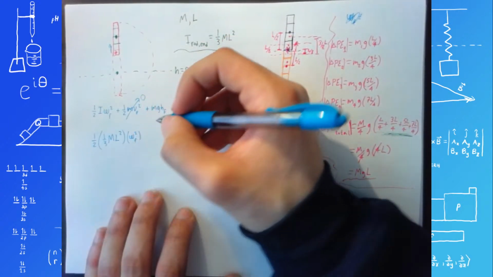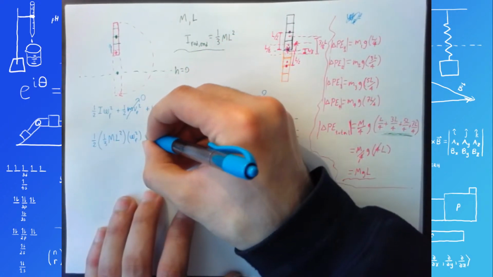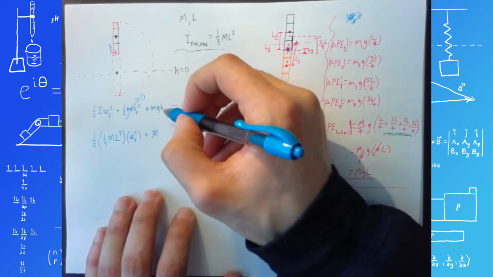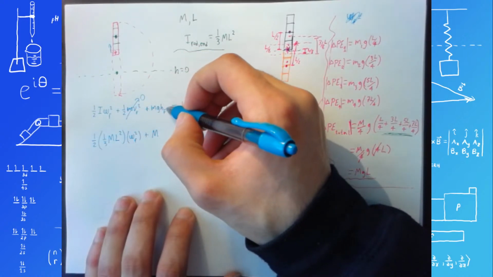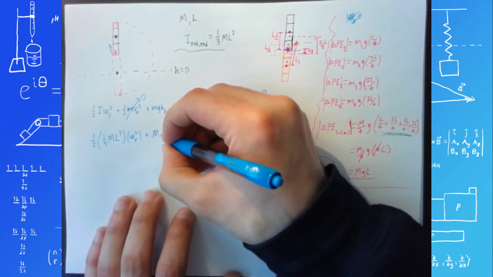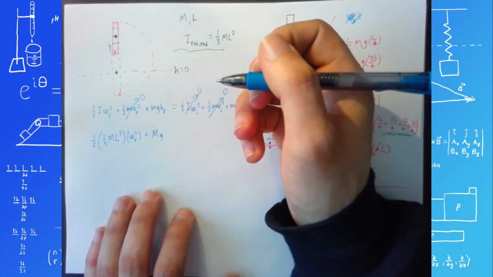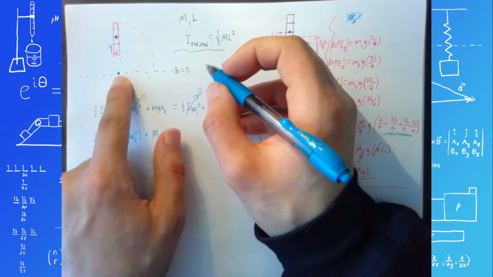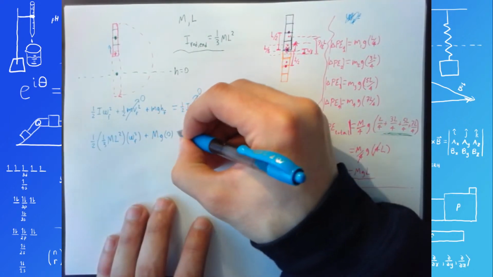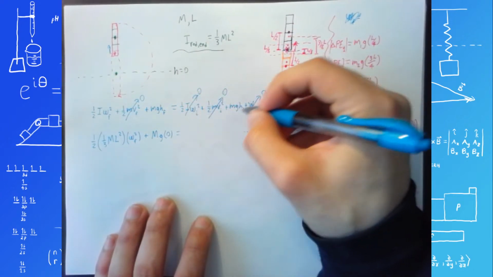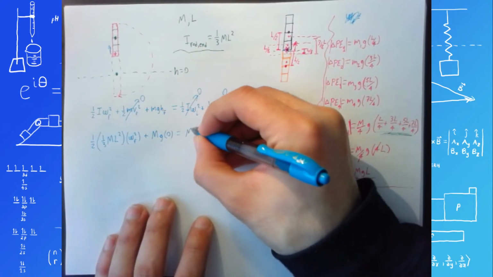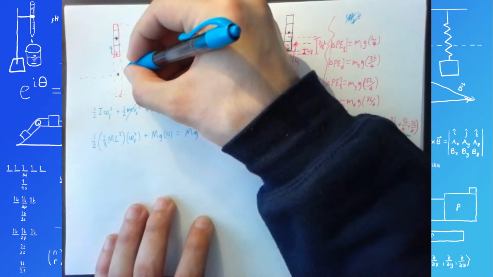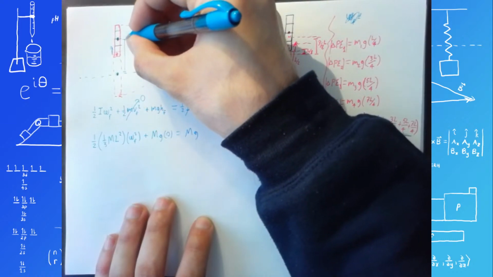We'll deal with that in a minute. Plus m g h final, that's a 0, and then we skip ahead to m g, and then h final I'm going to say is 0 here. Equals m g h initial, so that's going to be m g, and then h initial from here to here.